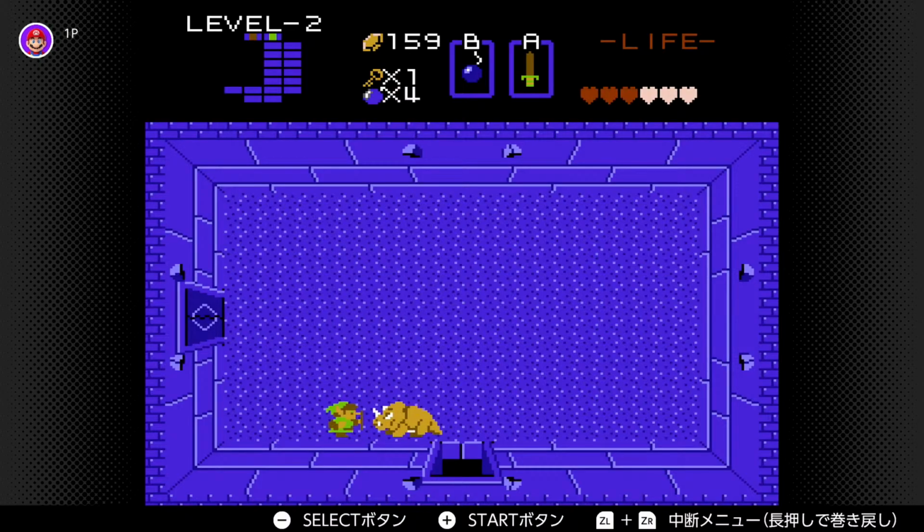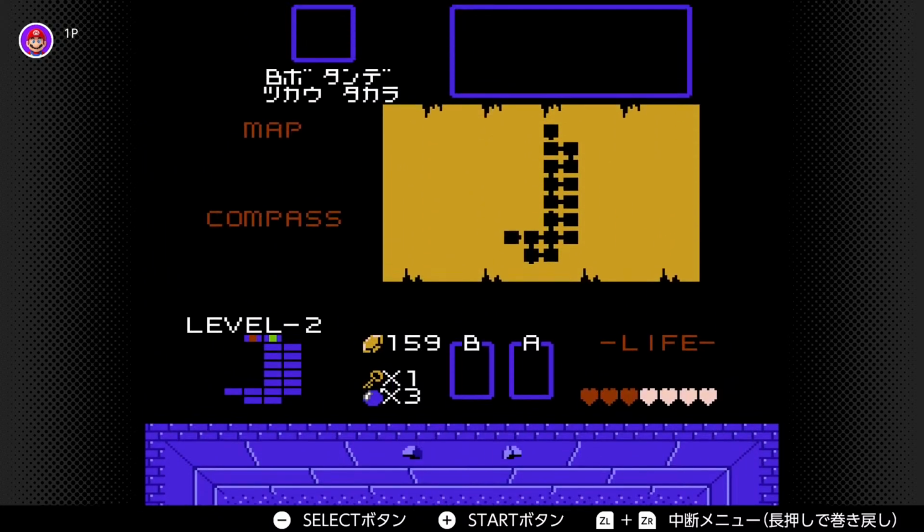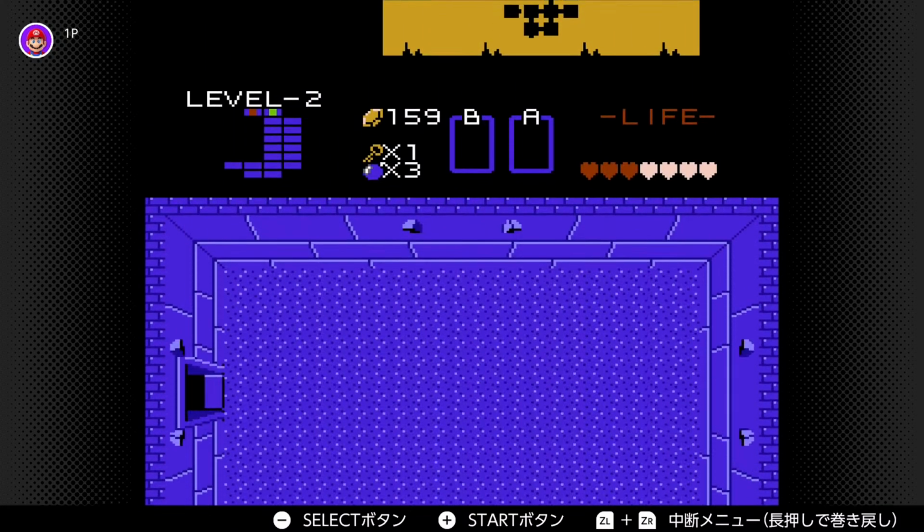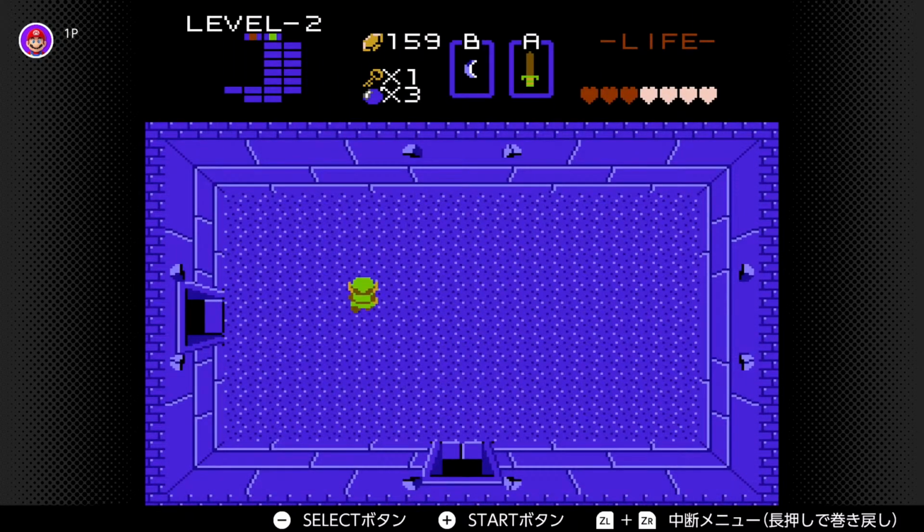Okay. Yep. Dodongo is defeated. Much easier, as long as, of course, you have the bombs, but the dungeon gives you a lot of them for this reason. But yes, much easier than Aquamentus, funnily enough, despite that being the boss of level 1.